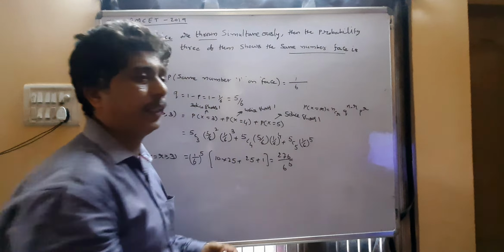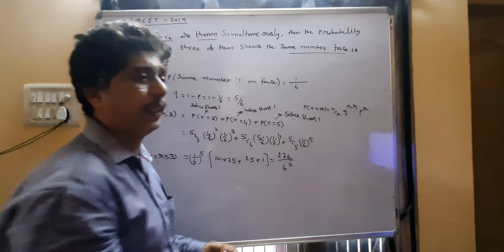So 6 times P of X greater than or equal to 3. That means 6 times 276 by 6 power 5 equals 276 by 6 power 4, which is the answer.